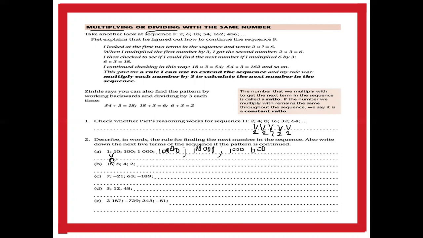Okay, now we look at sequence B. So 16 times what will give us 8? 8 times what will give us 4? And 4 times what will give us 2? So 16 divided by 2 will give us 8. And then 8 divided by 2 will give us 4.